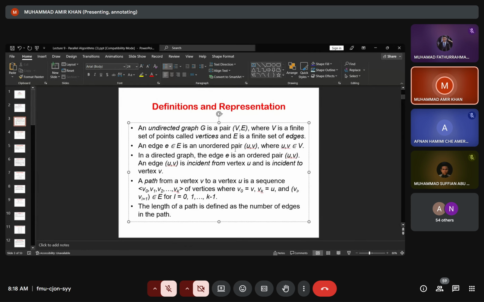The edge basically belongs to V because we have a node. If there is a node, definitely there is an edge.